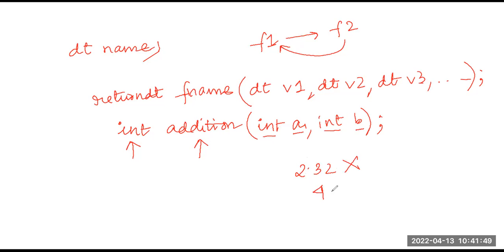Someone is sending 4, this will be executed. Why? Because the data type was int, so I can only send integer values, not decimals. So this checking it will do. What data types of the arguments can be passed from the calling function to the called function, this declaration part will check.